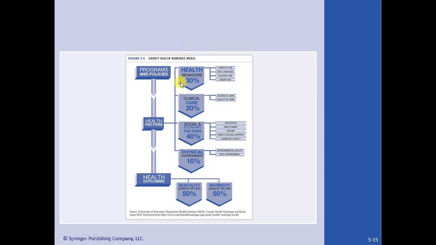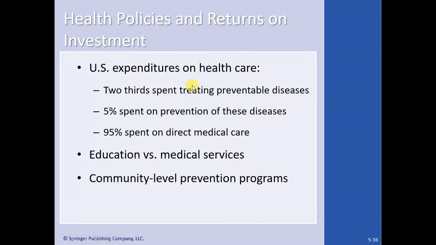Health behaviors next in line. So what this means is that we need to perhaps spend some money in these areas, but right now only 5% of our expenditures on healthcare are spent on preventing diseases. We are a sick care system where most is spent reactively on the crisis, on the disease.